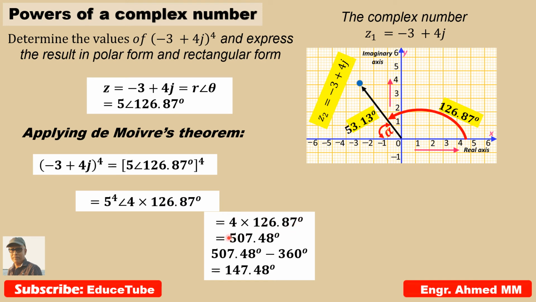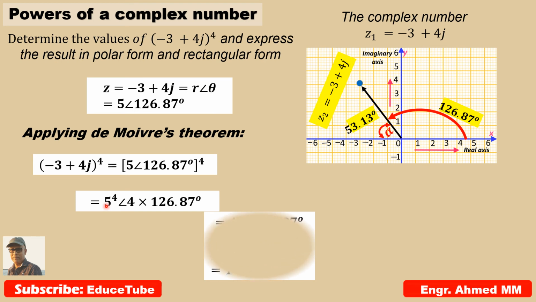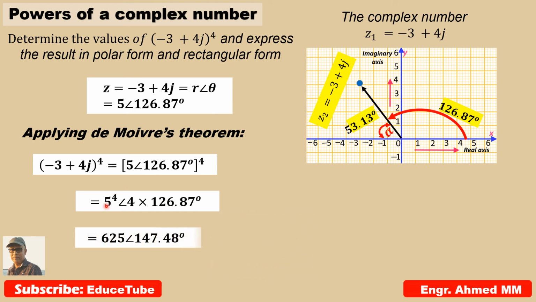If we multiply it, the value is 507.48 degrees. But we have to deduct 360 degrees, so we consider 147.48 degrees as the argument, and the modulus 5 to the power 4 is 625. So our value will be 625 at 147.48 degrees. This is in polar form.